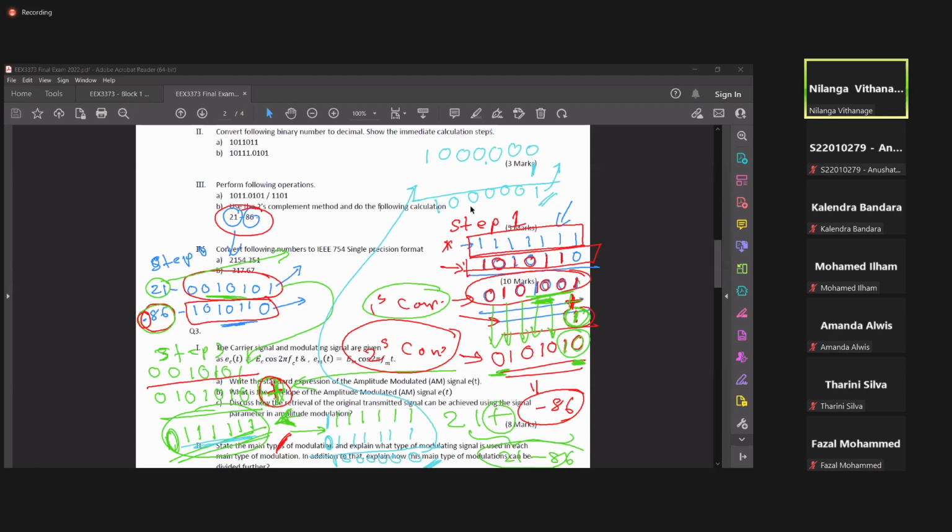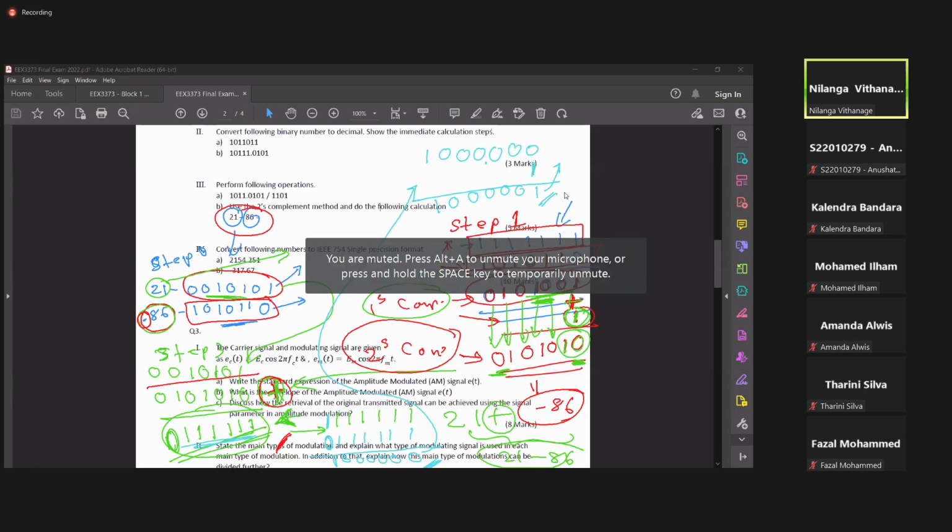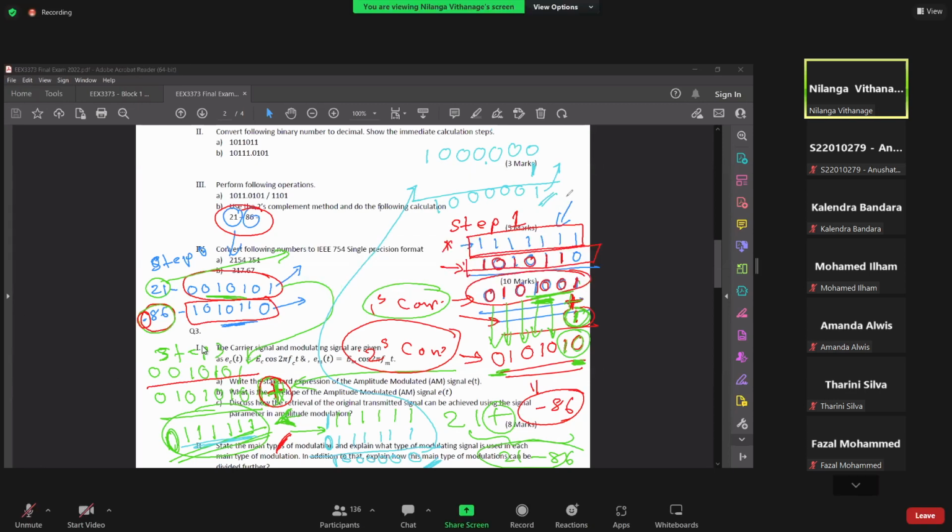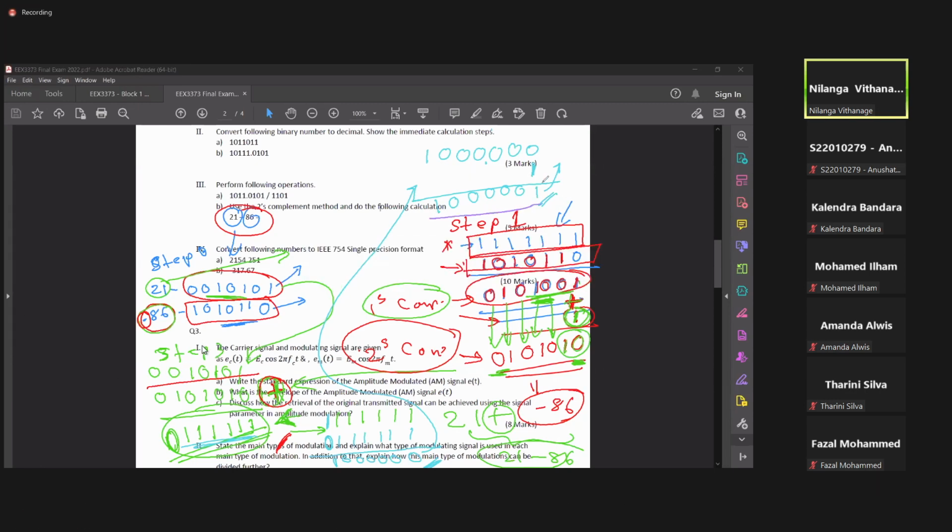If you convert this one, 0 0 0 0 0 1 and 1, let's see, 1 0 0 0. If you convert this one into decimal, you get 65 now.